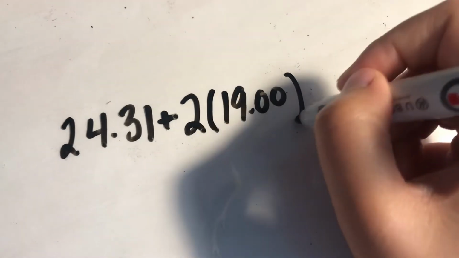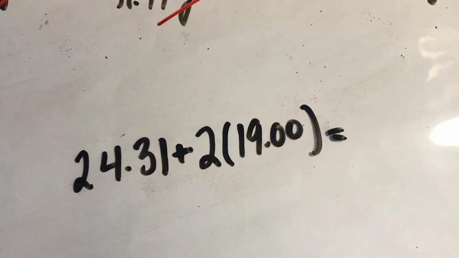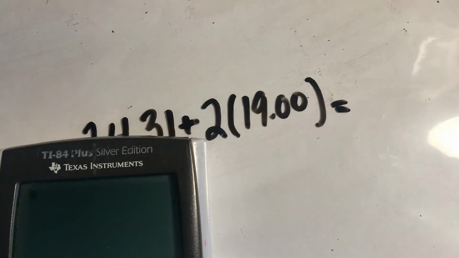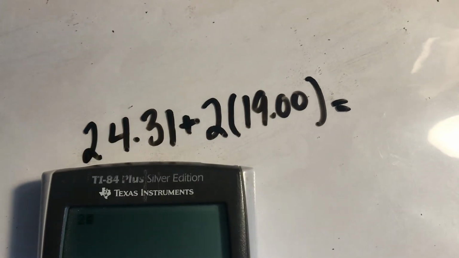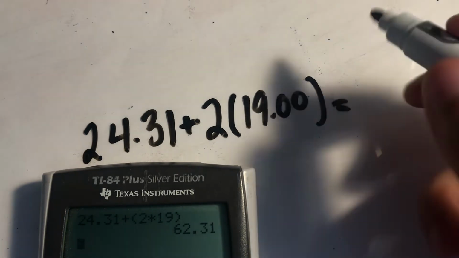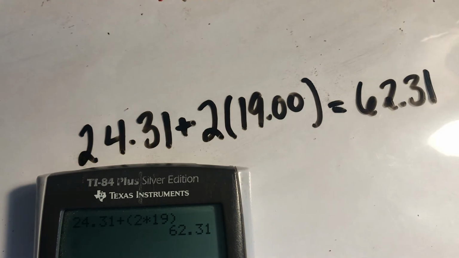So once we add this together, we get a total molar mass for magnesium fluoride. 24.31 plus 2 times 19 is 62.31. This is grams per mole.